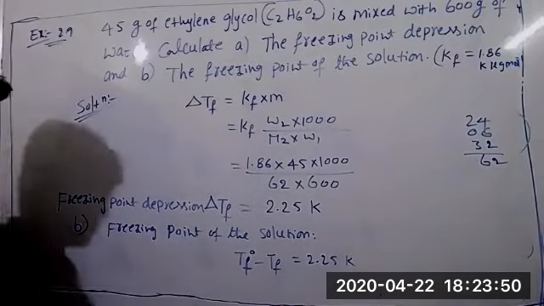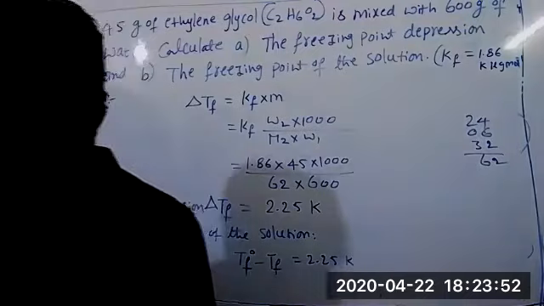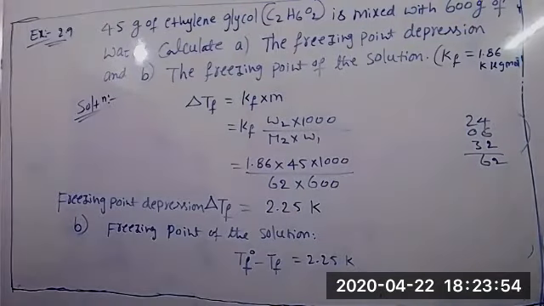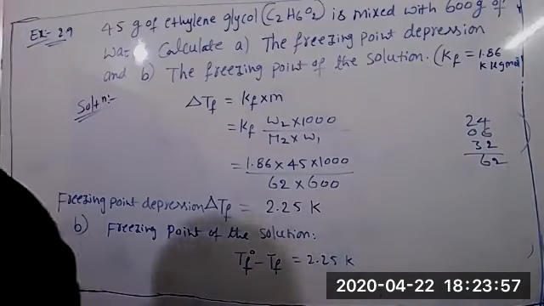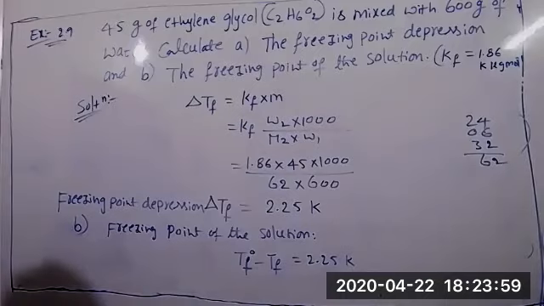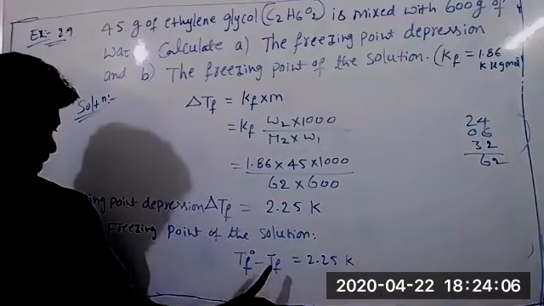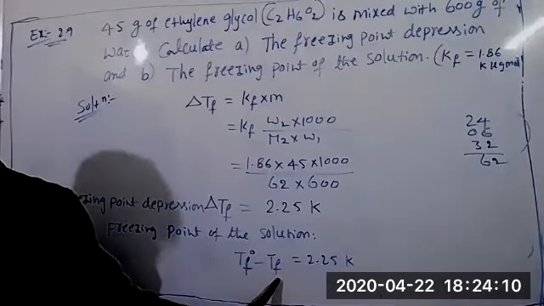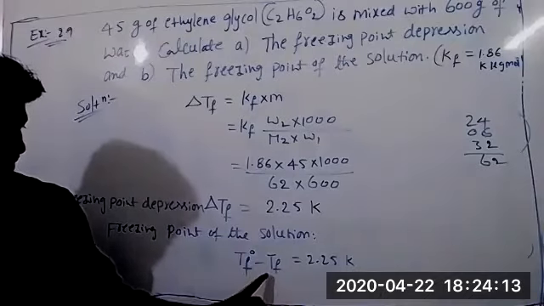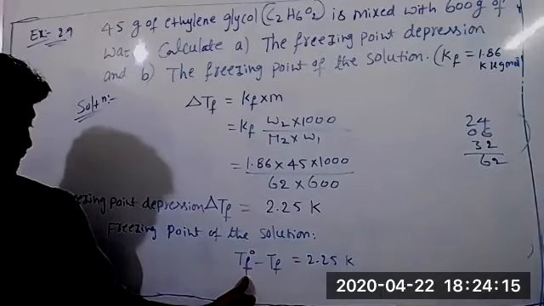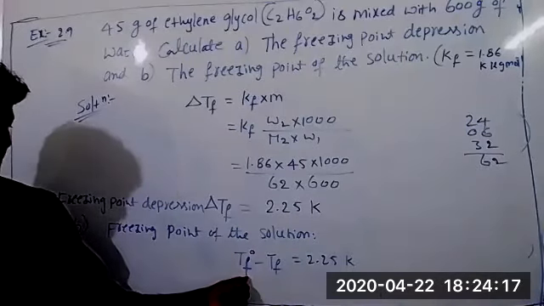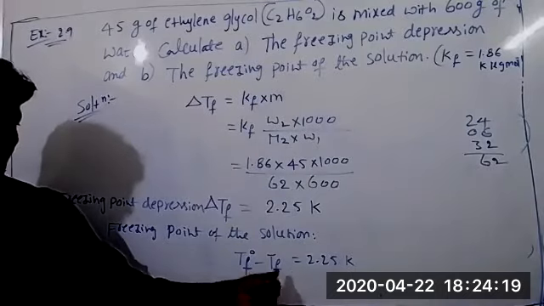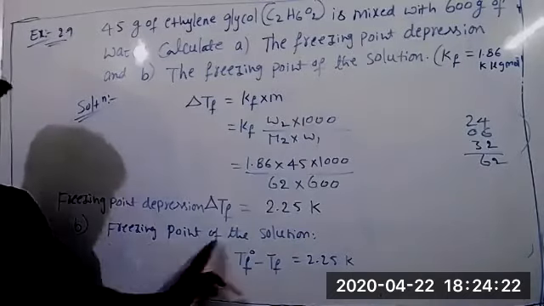What is the solvent in this problem? Water, sir. Yes, water. So Tf0 is the freezing point of water, and Tf is the freezing point of the solution. We have to calculate the freezing point of the solution.